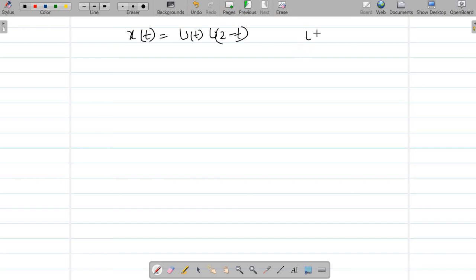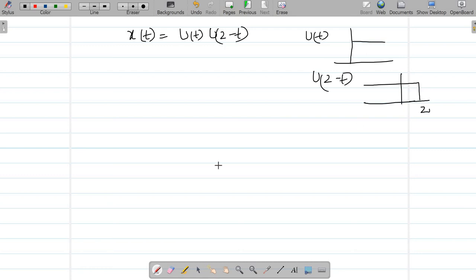Now we know that u of t is nothing but this, and u of 2 minus t is nothing but, we have seen that in our past videos. So it will be like this. First this has to be time reversed and advanced by 2 units of time. When that is done, finally when you multiply these two, you end up getting a signal something like this.